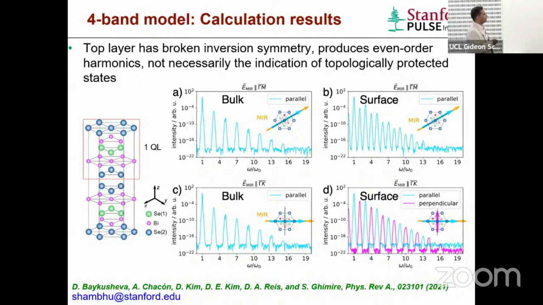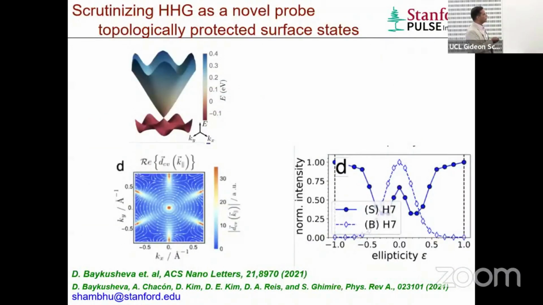Here they were along the laser field, and here they switch to the perpendicular direction. So just by rotating the laser field 30 degrees, all the even harmonics switch their polarization from along the laser field to perpendicular. This is quite remarkable. Okay, so this is what we predicted in theory, and this is also exactly what we measure experimentally.